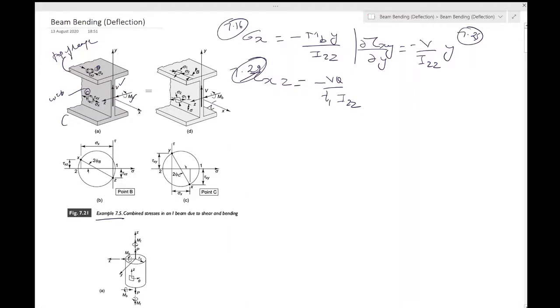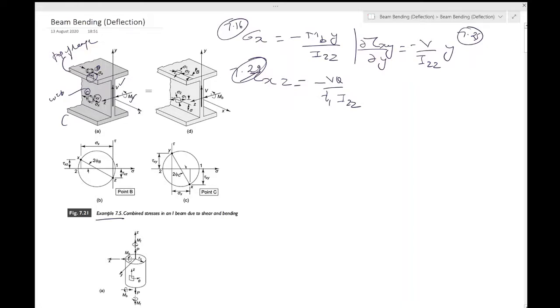Its sense is shown in figure 7.17d. So you have MB which is shown, you have V which is shown, and then you want to find the sense of the stresses. So that can be seen over here, xz and xy.